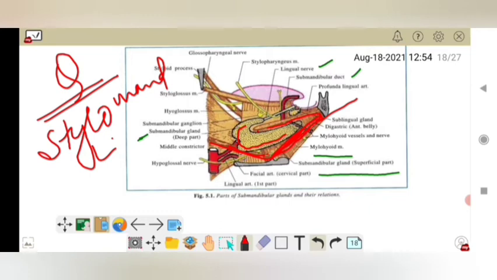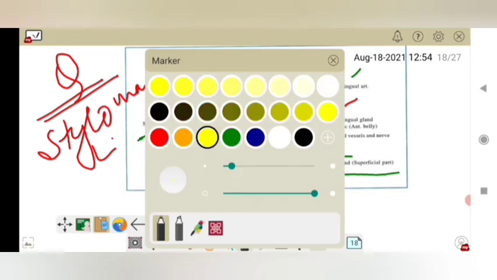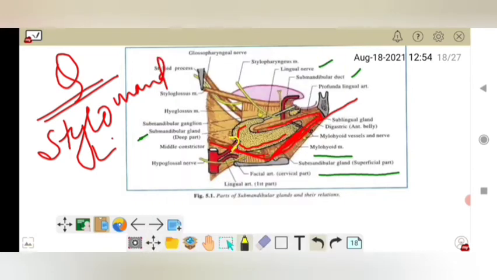This posterior end presents a groove for the lodgement of the ascending limb of the cervical loop of the facial artery. This is the loop or groove for the lodgement of the ascending limb of the facial artery.